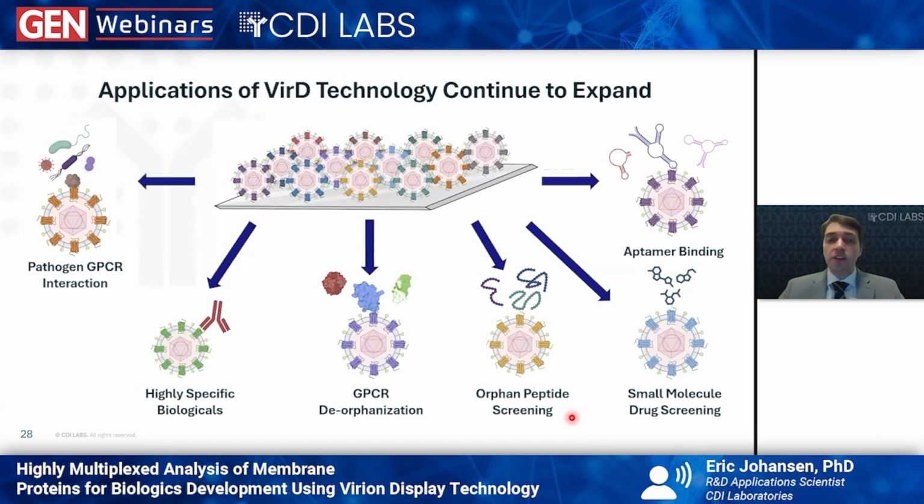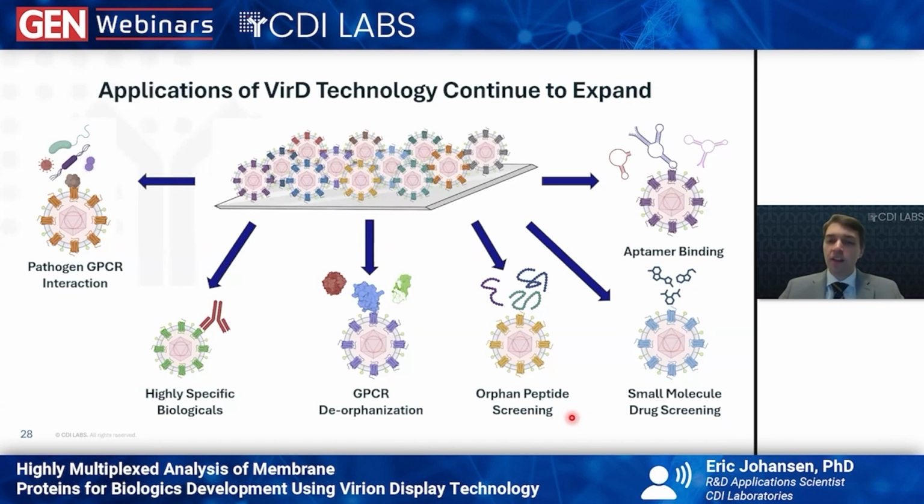Here at CDI, we are always looking on ways to expand the applications of our virion-displayed technology. I've gone through how we've done it with highly specific biologicals and how we've done it with peptide screening. We can also use these virions to do GPCR deorphanization. This is what my thesis project was at Hopkins and is entering the review process, so keep your eyes peeled for that.